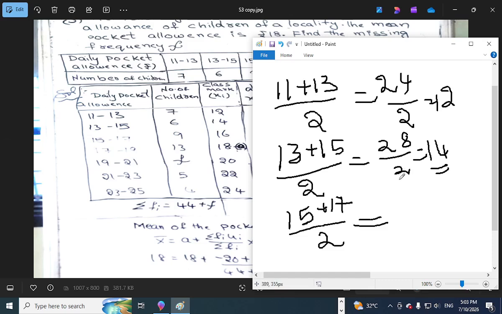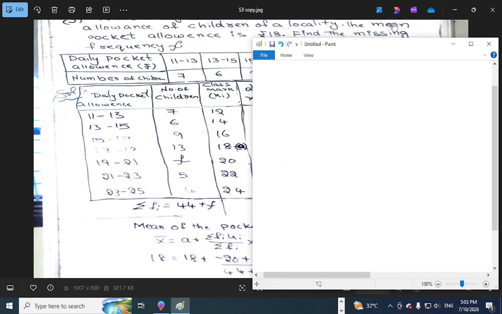That is 32 by 2, which equals 16. 16 is the next class midpoint or class mark, 16 for 15 to 17.